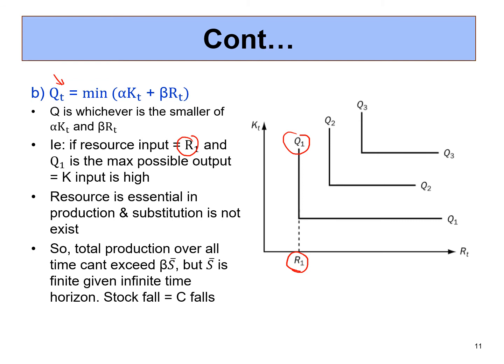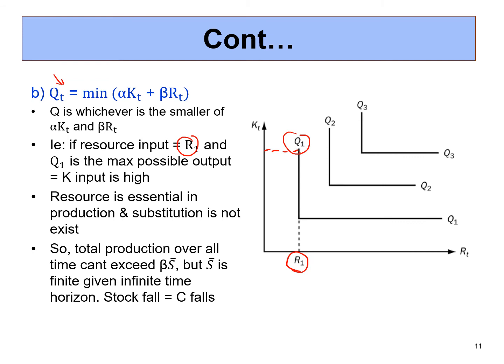If, let's say, we want to use the capital input, the capital input is very high. So comparing between capital input and resource input, definitely we will use resource input because resource is the smaller. Okay, so in this case, resource is very essential in production and substitution is not possible because you cannot substitute R1, which is the smallest input, with K1.